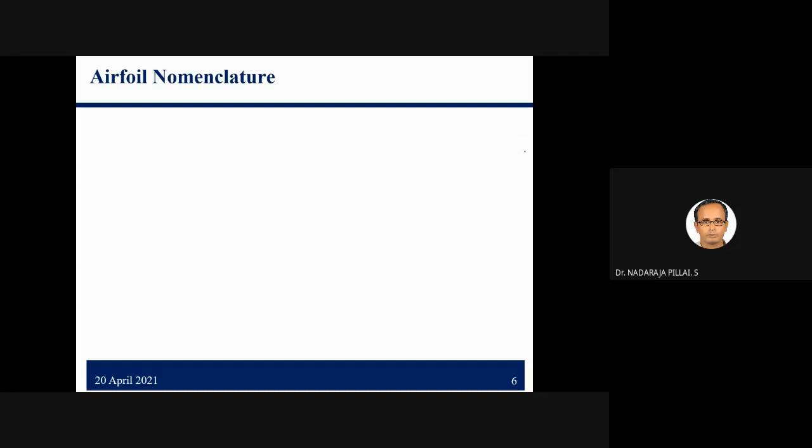Airfoil nomenclature. We have a nomenclature of naming the airfoil, right? We usually name with 4-digit, 5-digit, 6-digit series, and we start with NACA. What is the NACA series? What is NACA? Does somebody know NACA? Most of you might have read about NACA in the introduction to flight.